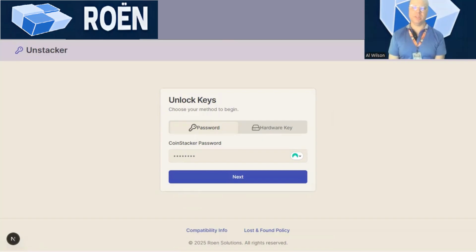Lastly, I'll demonstrate the Unstacker desktop application that is used to read the UNTA keys to display the crypto keys that are automatically downloaded on unstacking. One of the prominent features of Unstacker is the lost and found policy for unclaimed stacks. Now, this policy is initiated by the user when there are missing credentials.